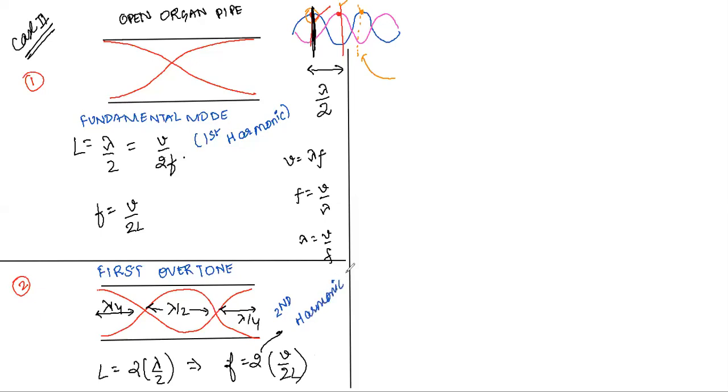Karuna, can you tell me about the next one? How should we go about it? We have taken this from the first antinode to the second, third. Now for which antinode should we take? Yes, the fourth antinode. Very good. So we'll take the organ pipe open at both ends.